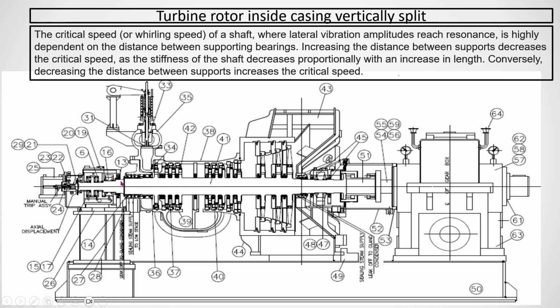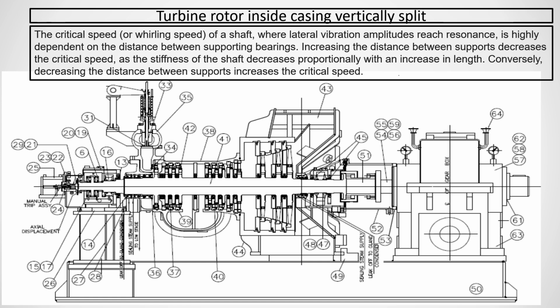If you increase the supporting length, then the critical speed will be lower, and the rotating RPM may be inside your operating range. So that's why critical speed matters.